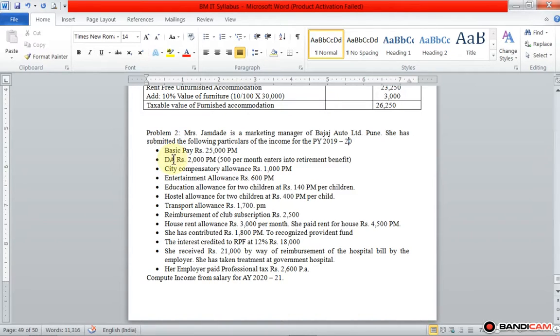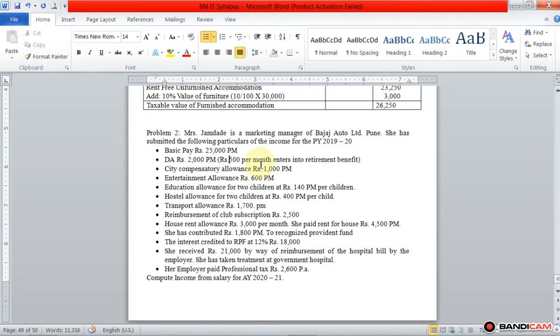DA, it means dearness allowance, rupees 2,000 per month, into bracket rupees 500 per month enters into retirement benefit. Okay, so here rupees 500 is considered for retirement benefit.